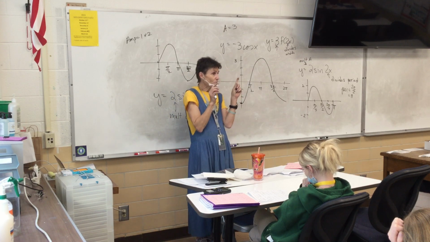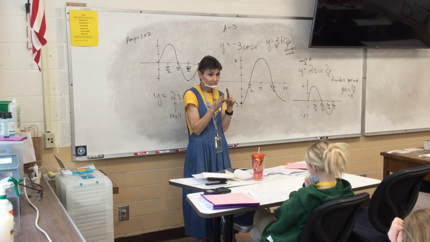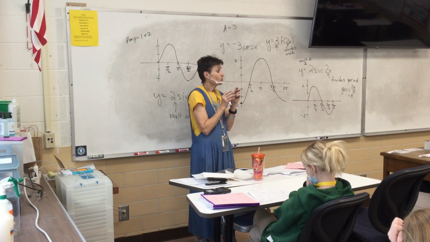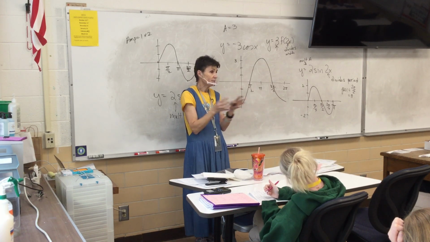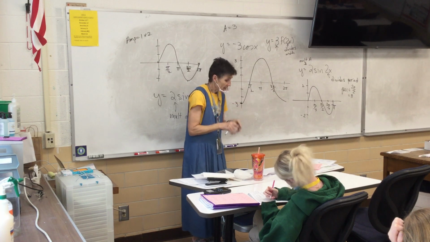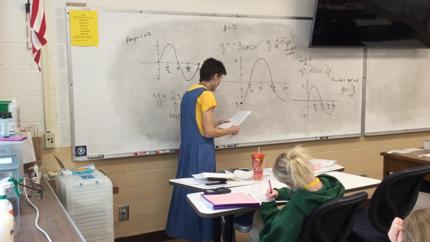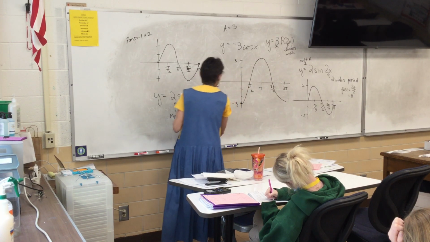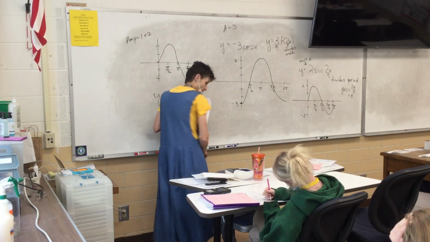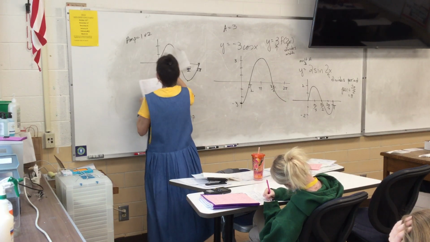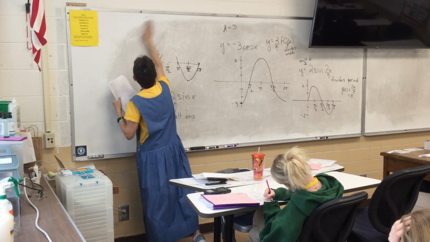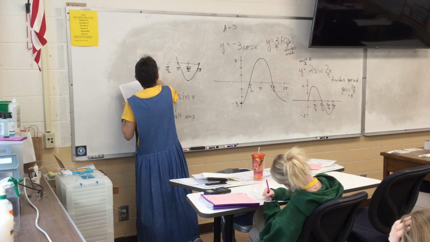All right, the number out in front multiplies the amplitude, the height. The number on x divides the period width. Now the next problem, we have both of that happening, but then we also have something subtracted. So that's what Izzy was talking about.